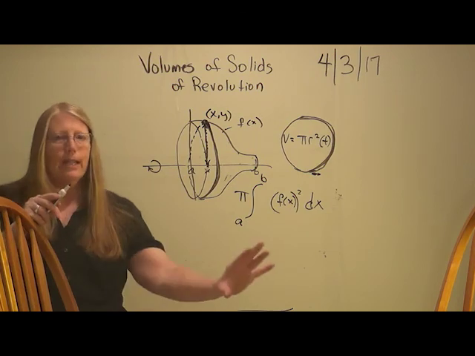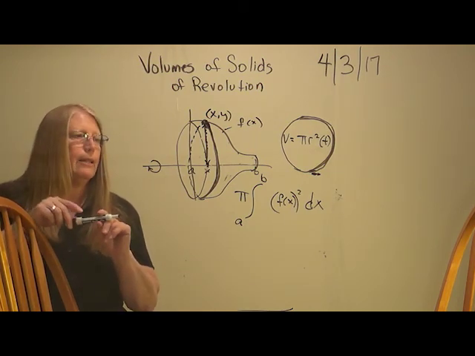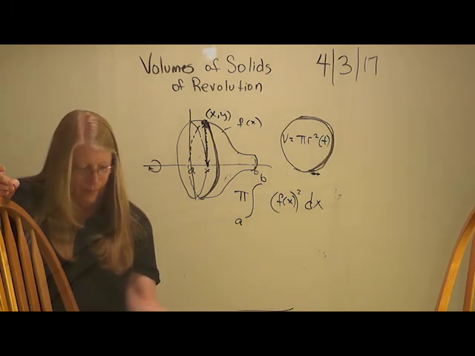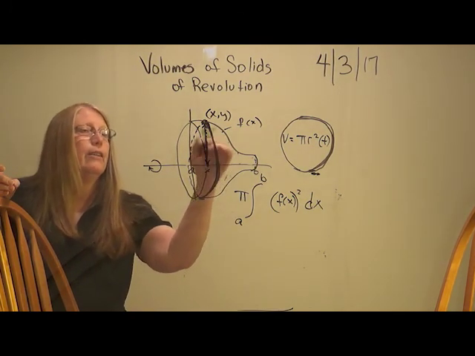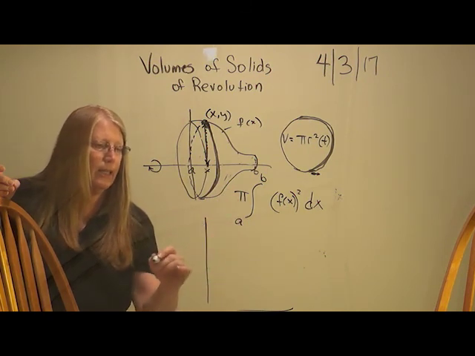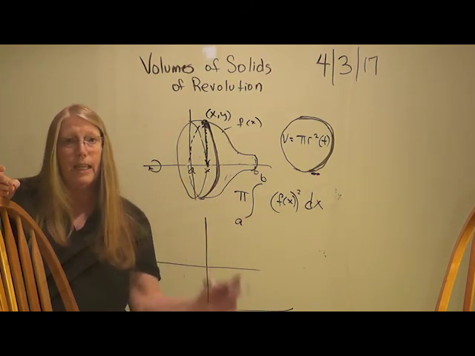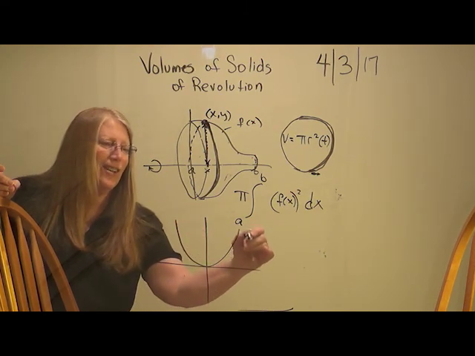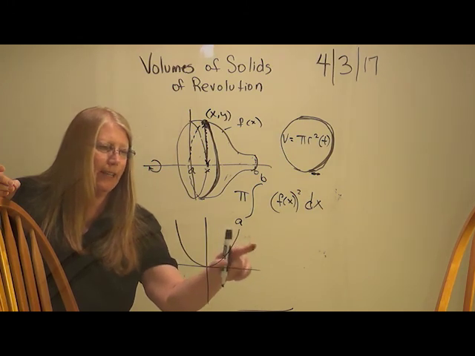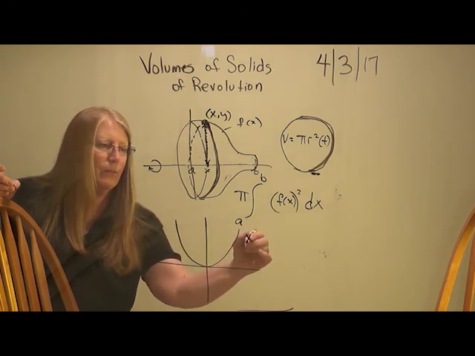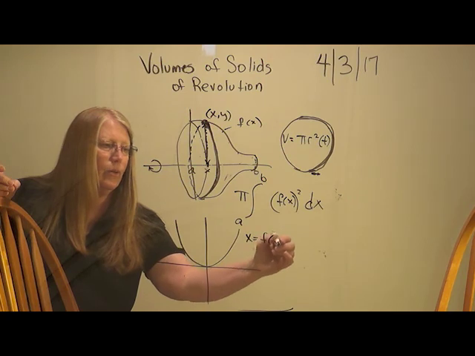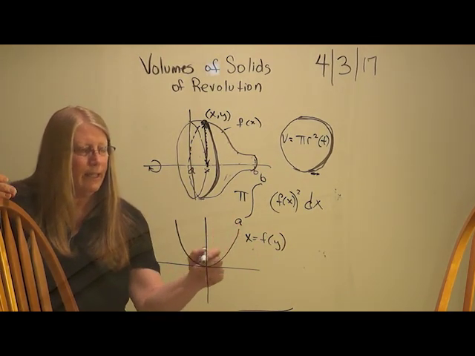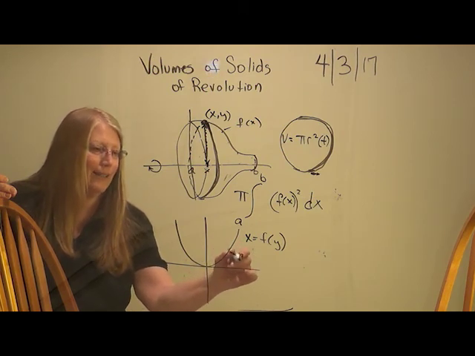Alright, before I do that, let me go the other way. So I think I can fit it on here so you can see. What if I revolve it around the y-axis? Let's take another function. I wouldn't call it y equals f of x this time, because I'm doing this in terms of y. I'm going to call it x equals f of y. And now I'm going to take this f of y.